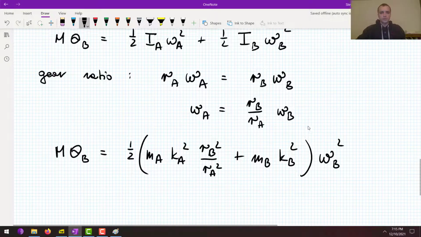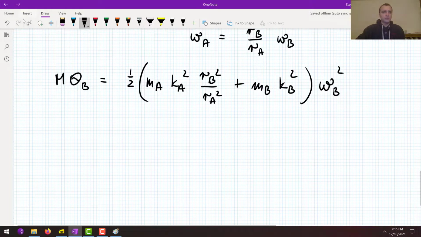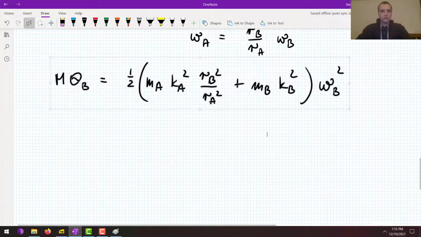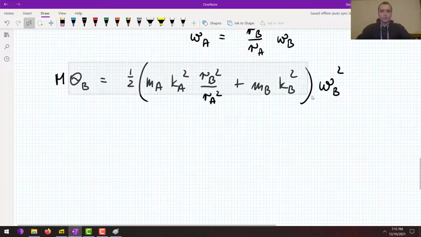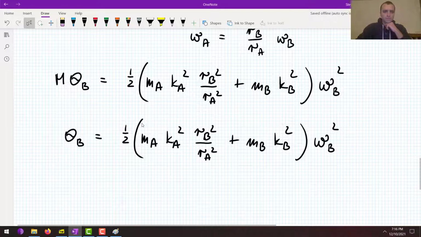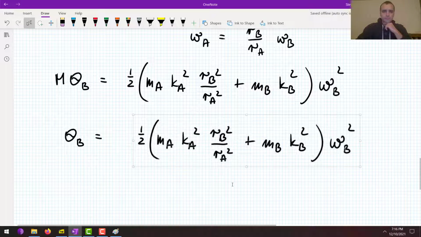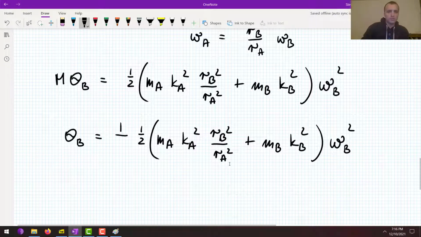Okay, so our theta B can be found using such an expression: 1/M times the values.